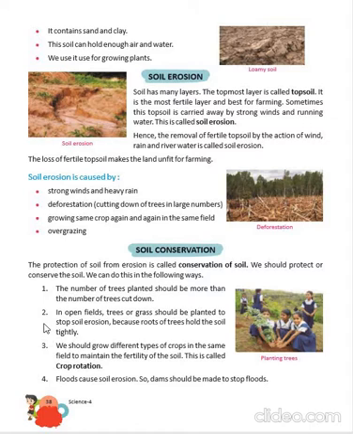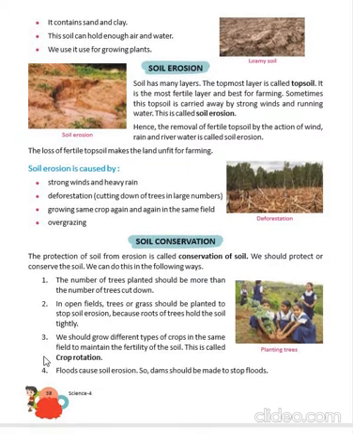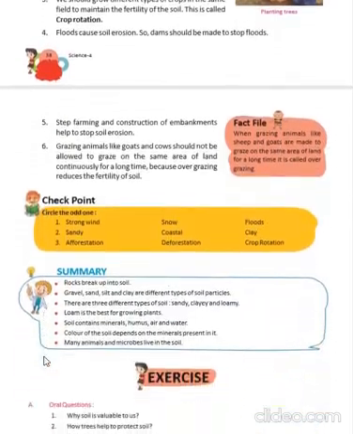And it is very important to grow different types of crops in the same field to maintain the fertility of the soil, which is known as crop rotation. Floods also cause soil erosion, so dams should be made to stop floods.